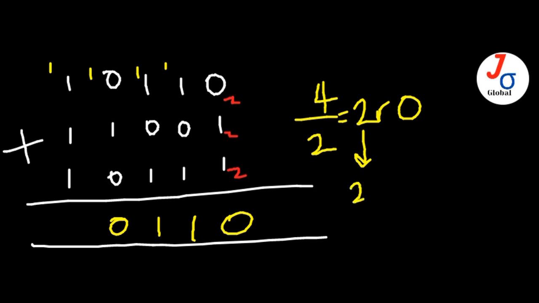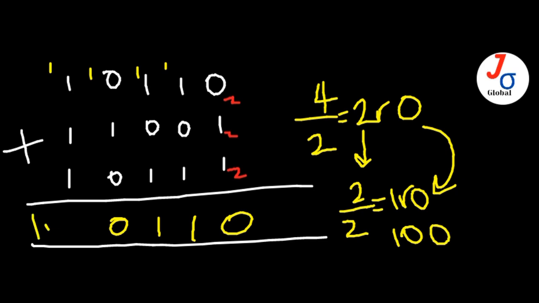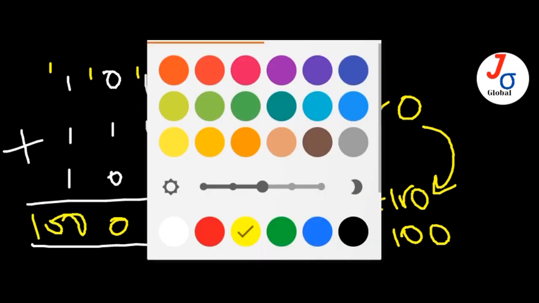So we're going to do 2 divided by 2, and so we have 1 remainder 0. And so that's for 2. So I'm going to bring down this 0. And so I have 1, 0, then 0. So that's how I got 1, 0, 0. So that's my answer.